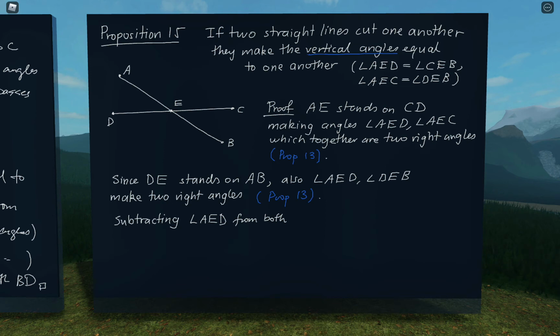Right, so if I subtract AED from both, that is from this combination and from this combination, both of which make two right angles, and here I'm invoking, I guess it's a bit funny, I don't know why it's a postulate rather than a common notion, but all right angles are equal to one another. I guess that's kind of interesting.